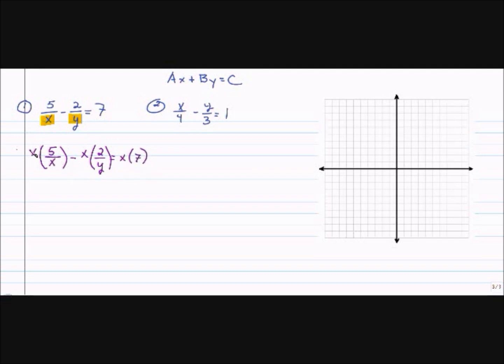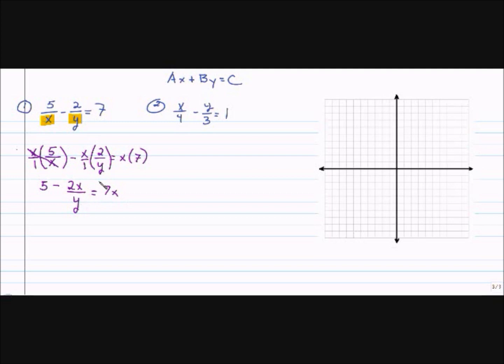What happens is when I put a 1 under it, I can cross cancel, or I'm not really canceling it, but it equals 1, and we don't necessarily write the 1, leaving us with 5 minus. Now, when multiplying fractions, because technically this is a fraction, x times 2 is 2x, and 1 times y is y. And 7 times x is 7x.